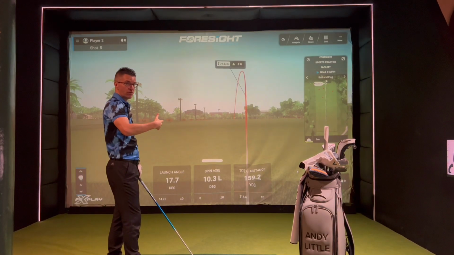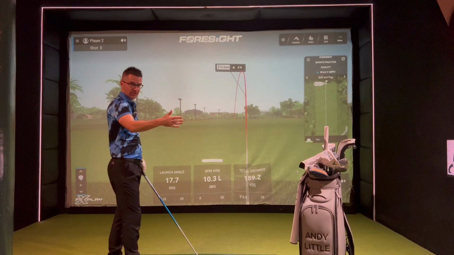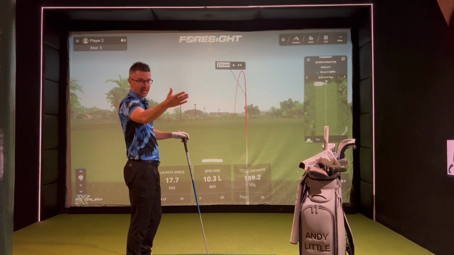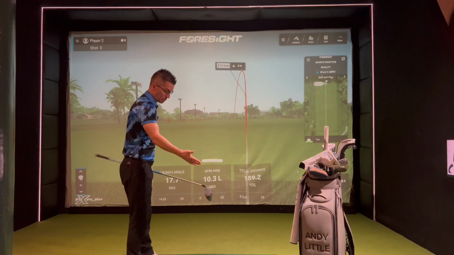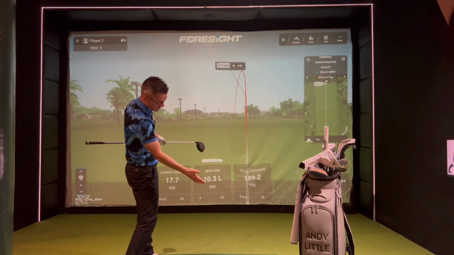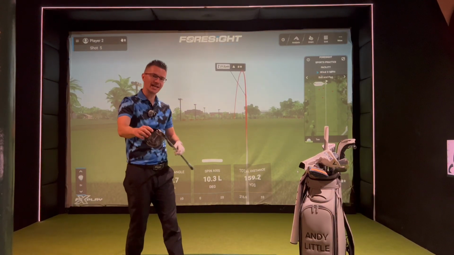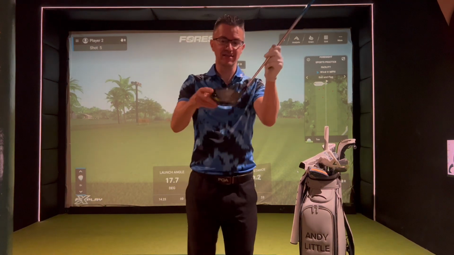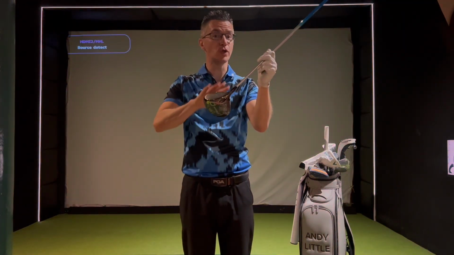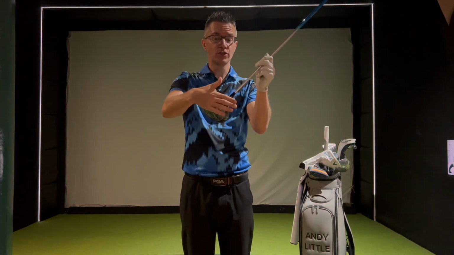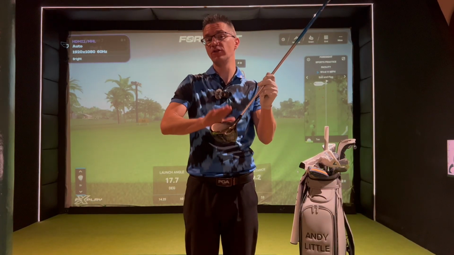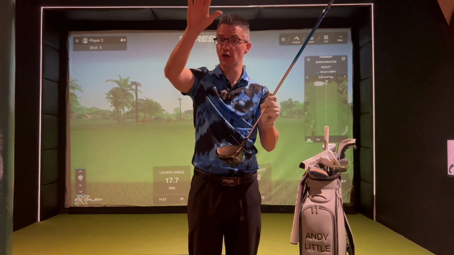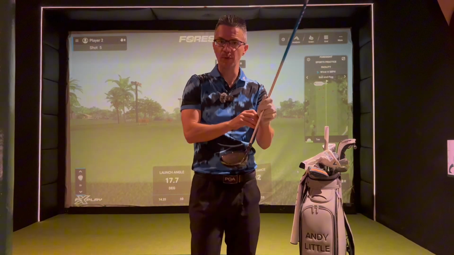If you see that your launch is 16, 17, 18, getting close to 20, then you are doing one of two things. Maybe you are leaning back excessively, or, probably more realistically, your club face has got too much loft. So you are doing something during your swing to open that face, to add loft, which is why you're not going to get the most amount of distance out of the shot, because you are launching the ball too high.